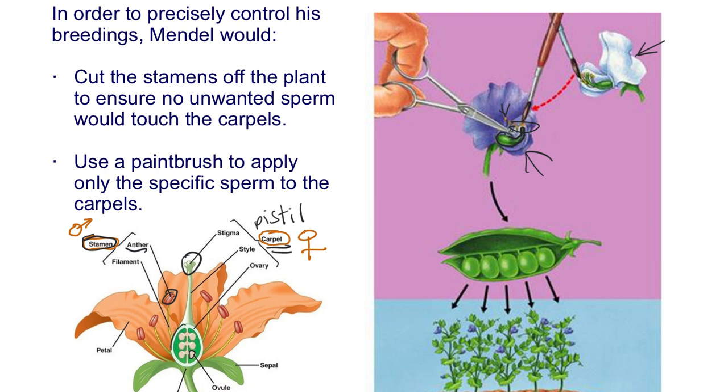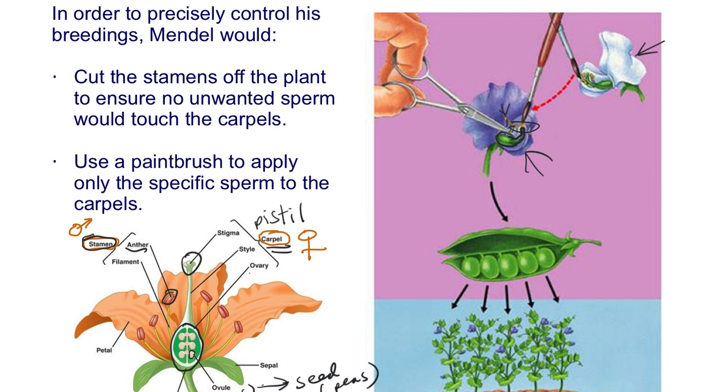We call that the ovary, just like we would a woman's place where the eggs are formed. Okay, so meiosis occurs in the little rooms called the ovule, where the eggs are. And those eggs, once fertilized, will produce the seeds, in this case, peas.